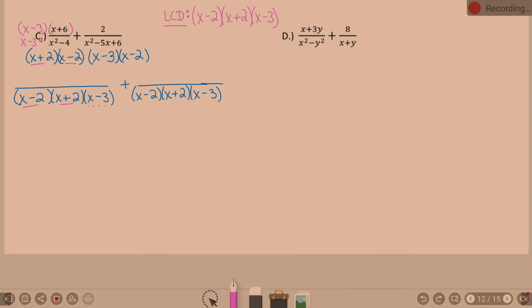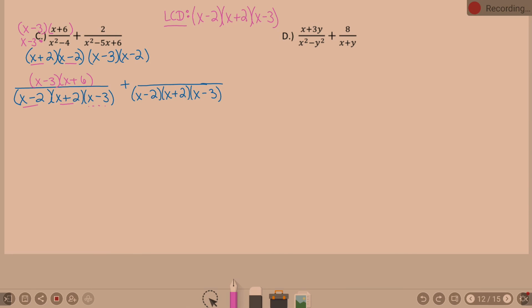So we're going to be multiplying x minus 3 by x plus 6. We're actually going to have to multiply it out in the next step, because in order to add the fractions, we'll need to be able to put like terms together. We're FOILing.